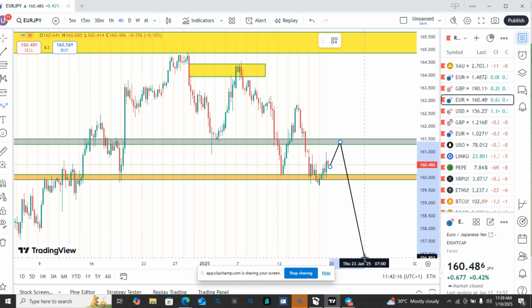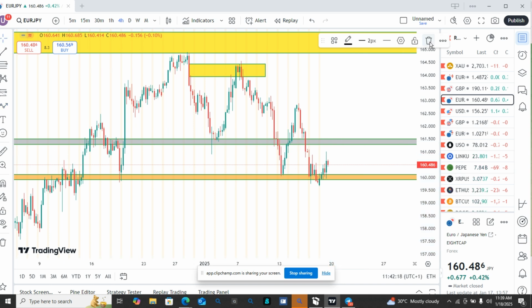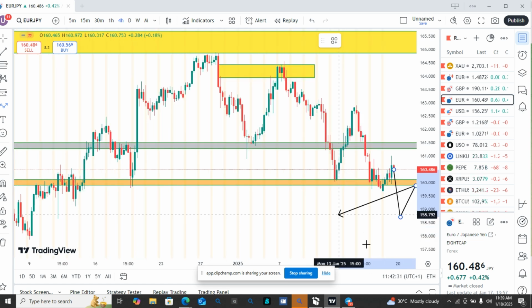But if price doesn't come back there, we'll wait patiently. So there are two ways. We'll wait patiently for price to break, retest, and then we'll sell.